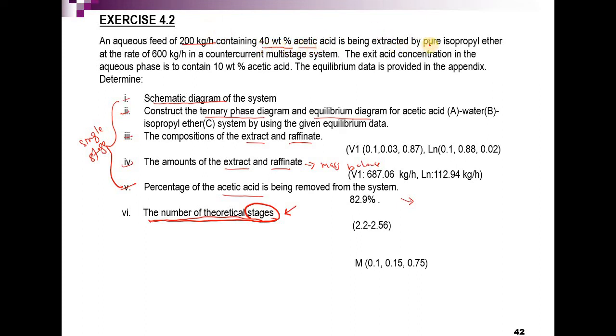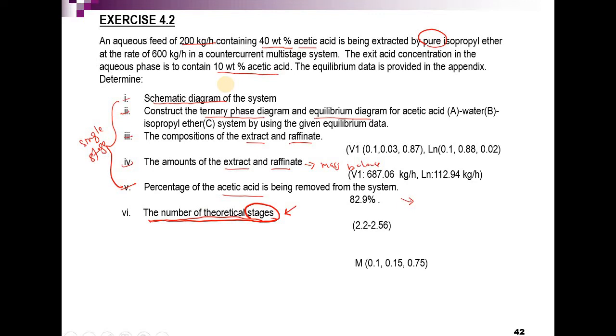You want to extract using isopropyl ether, pure isopropyl ether at the rate of 600 kg per hour in a counter current multi-stage system. The raffinate is to contain 10% of acetic acid. Equilibrium data is provided in the appendix.